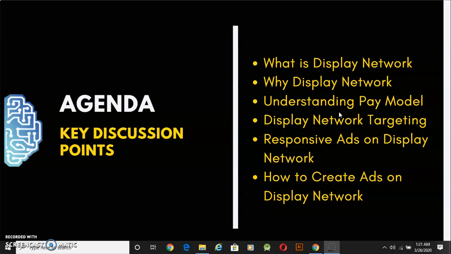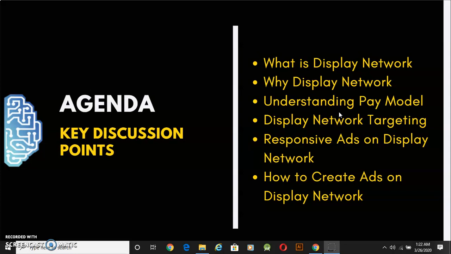So in that case, Google is not going to charge us until your ad is in a viewable position somewhere on screen. But even if 50% of your ad is visible on screen, in that case you have to pay Google for that one impression. Hence, over here we pay on viewable impression and not on the basis of just impression.